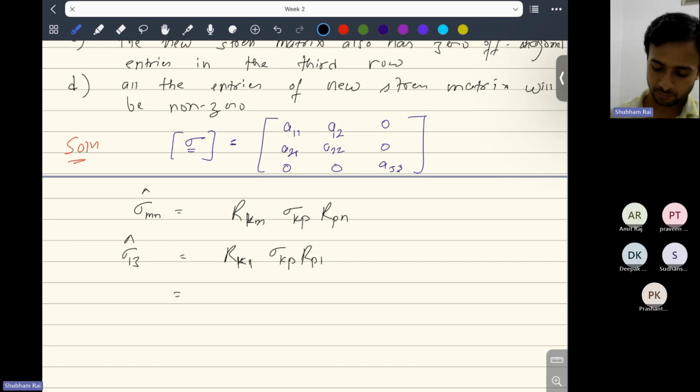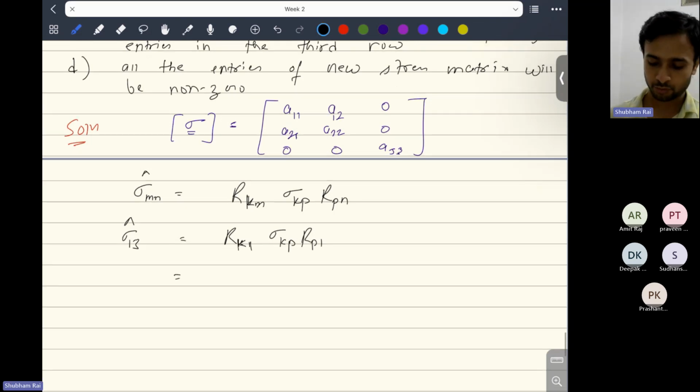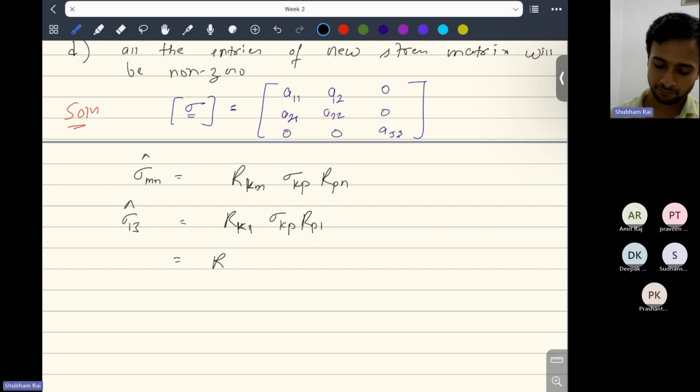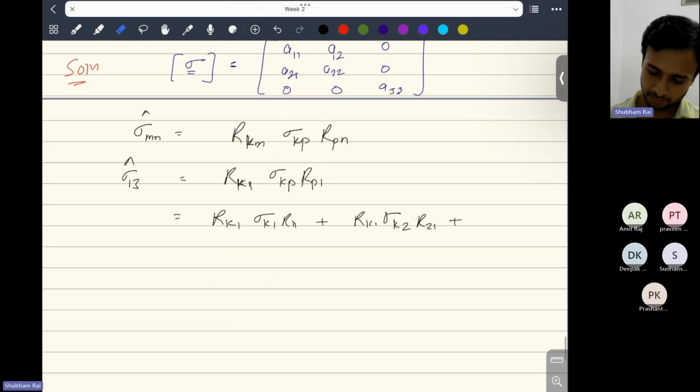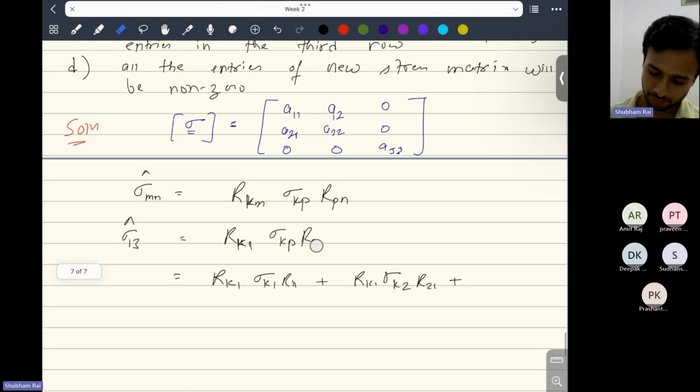Okay. So let me do the summation. I'm just doing firstly summation over P. So R_k1 will remain as it is. So R_k1 sigma_k1 R11 plus R_k1 sigma_k2 R21 plus, sorry, I think I'm missing out something. So here n will be 3, not 1.